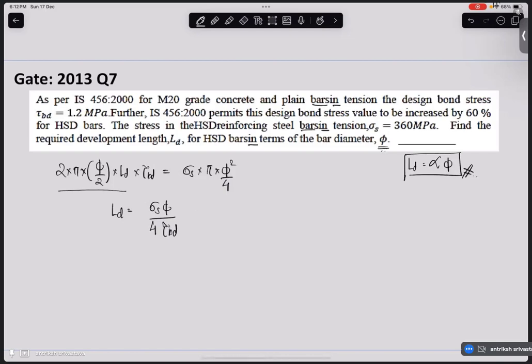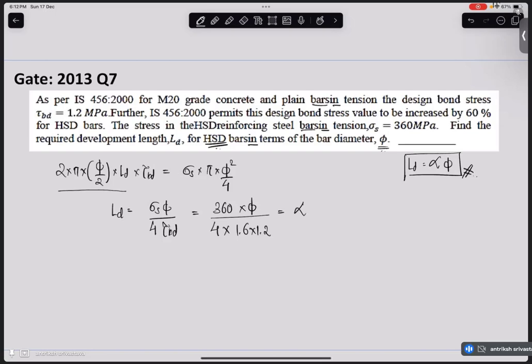Now, what have they told us? They have told us that sigma s is 360, the diameter is unknown, and this is a HYSD bar, right? This is a deformed bar. So we have to increase this 1.2 by 60%. So 1.6 into 1.2. So this is going to be our answer.